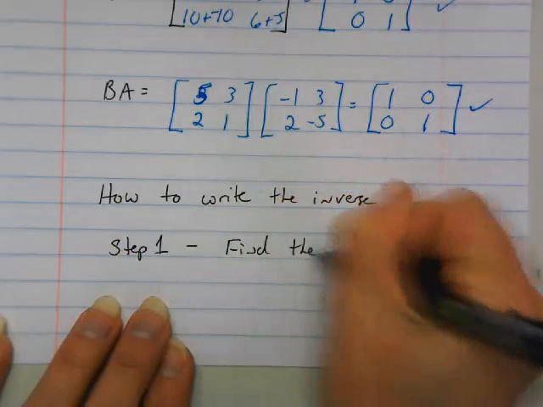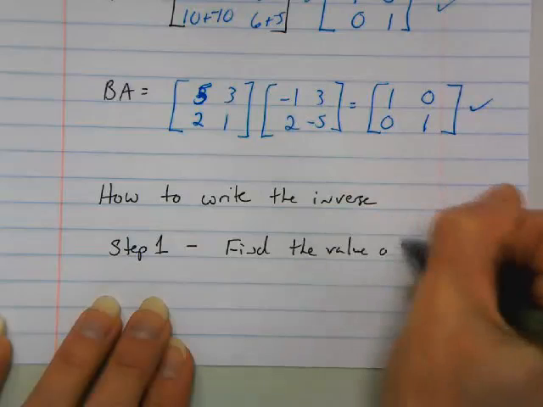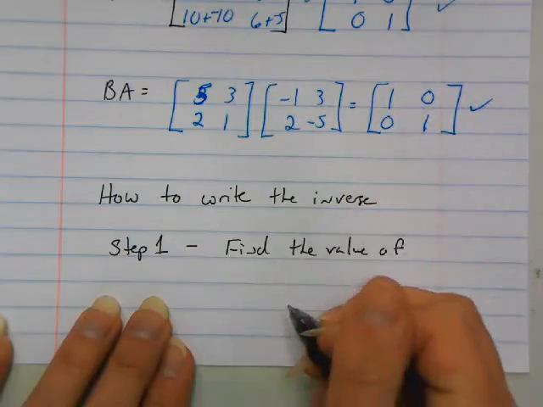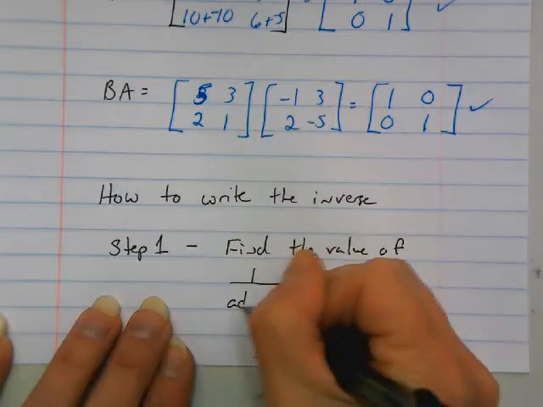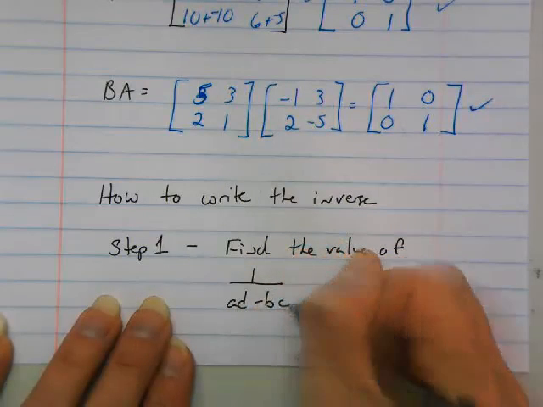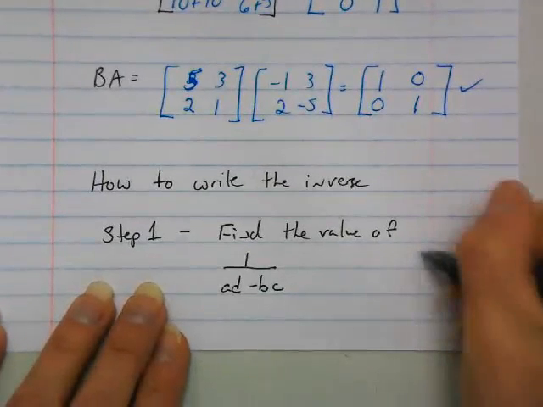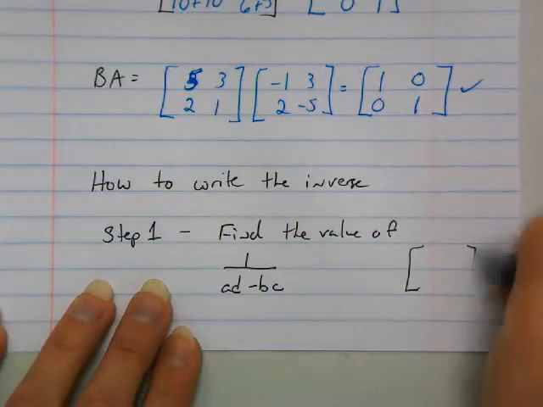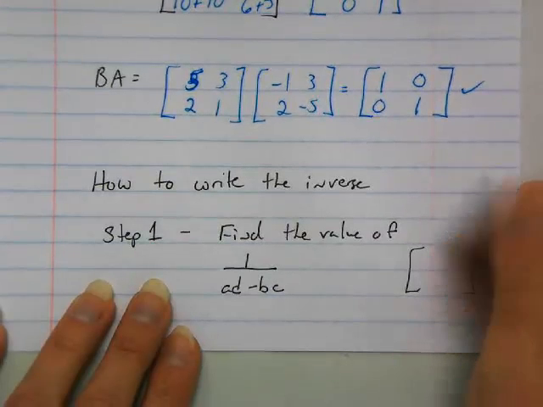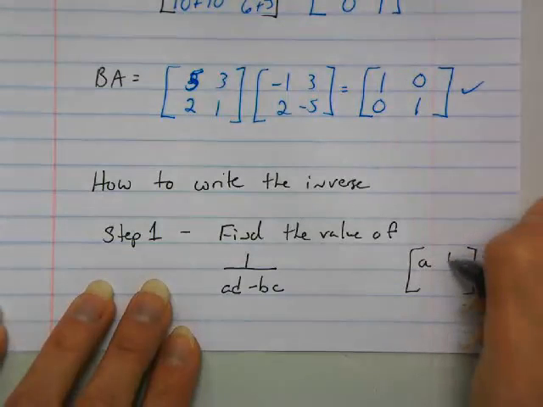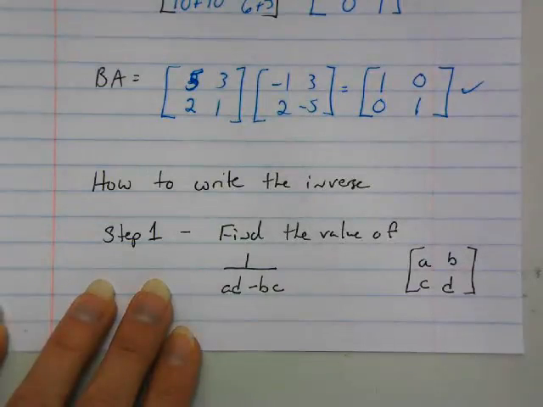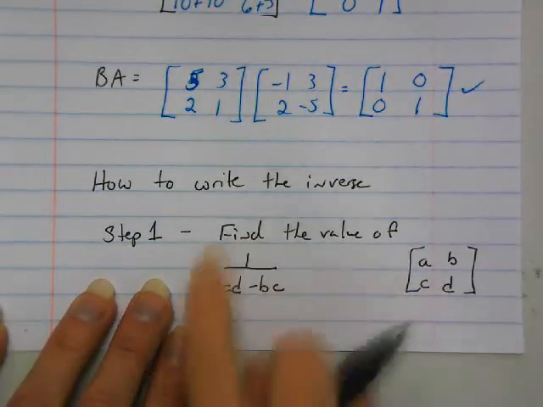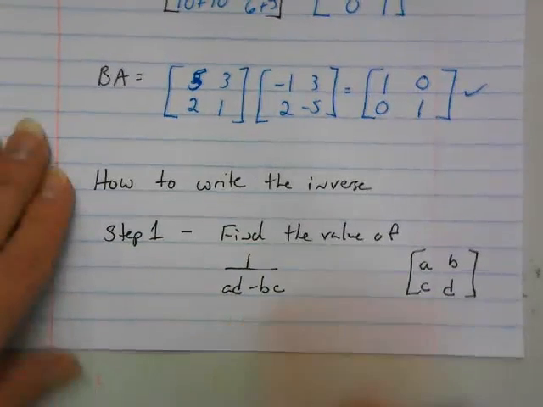Find the value of 1 over AD minus BC. Let's look at just a regular matrix so I can make sure we all understand that this is going to be A, B, C, and D in a regular matrix. So step 1 is to actually use the matrix to calculate this.